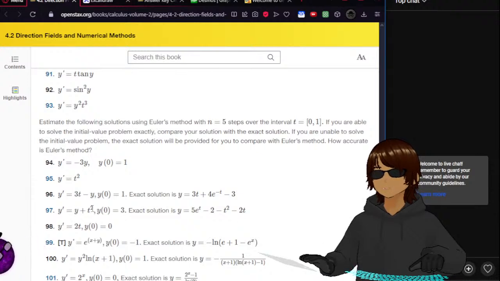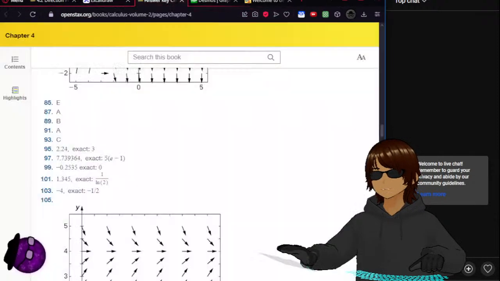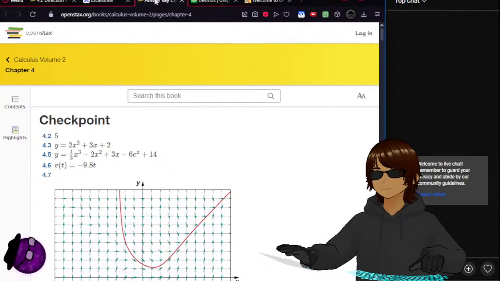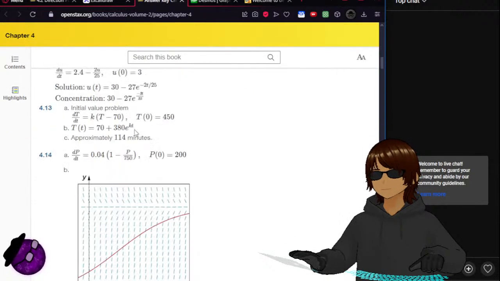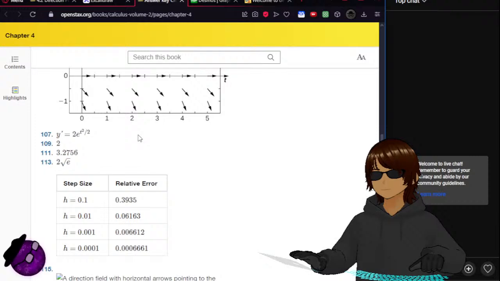I think they want us to find the estimated solution at 1.